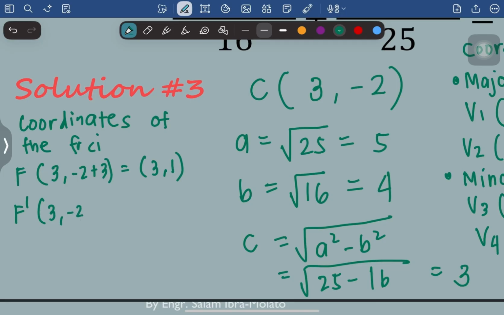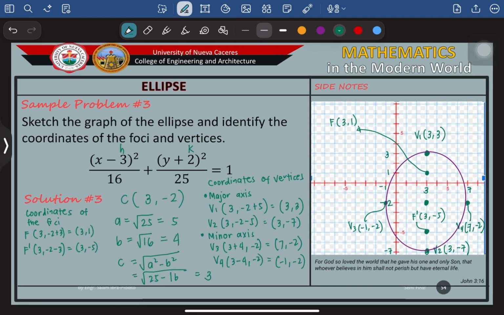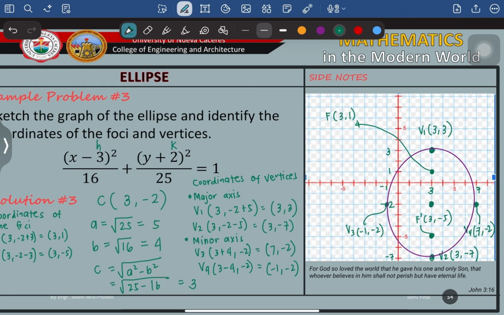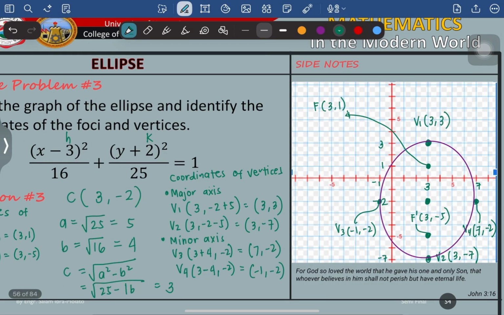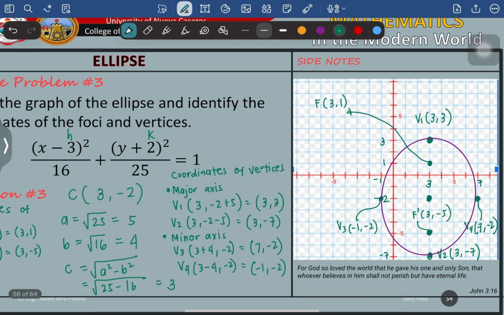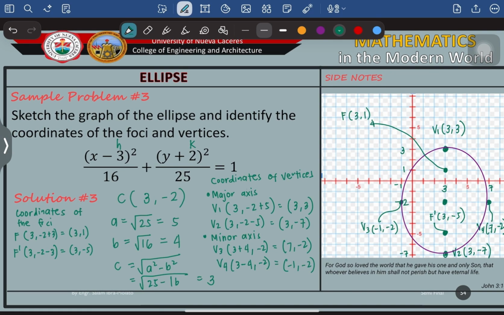You will subtract 3 to the y coordinate of the center. So this becomes 3, -5. So that is correct based from our graph. So we plot it correctly. So that's how we solve and plot an ellipse.